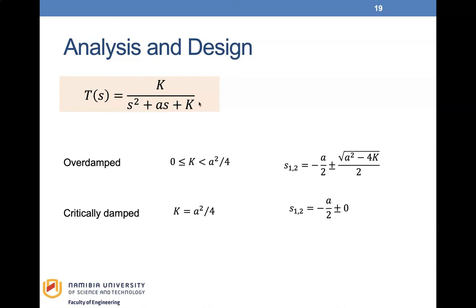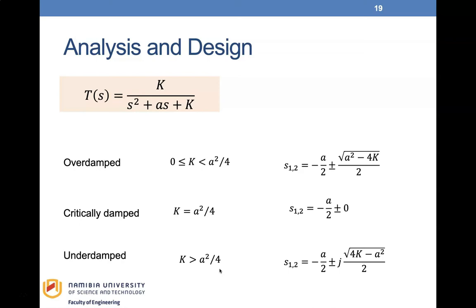For gains above a^2/4, that is for K above a^2/4, the system is underdamped with complex conjugate poles located at s1,2 equal to -a/2 plus or minus j times the square root of (4K - a^2) all over 2.